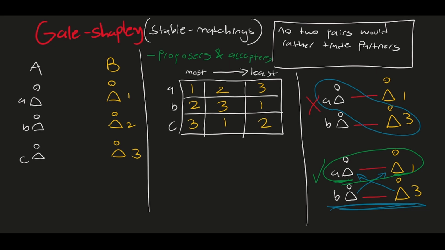And now let's make a preference list for B. Let's say 1, 2, and 3.